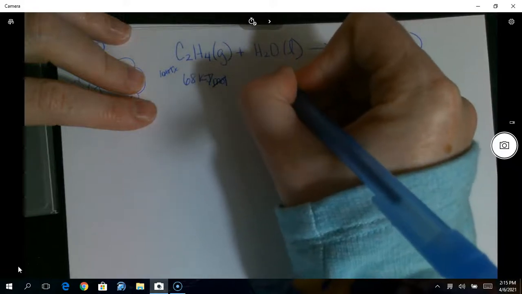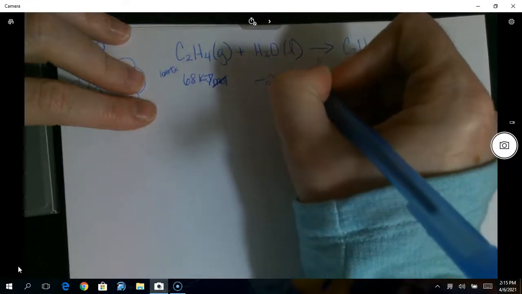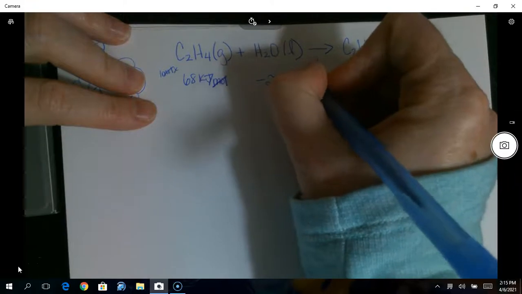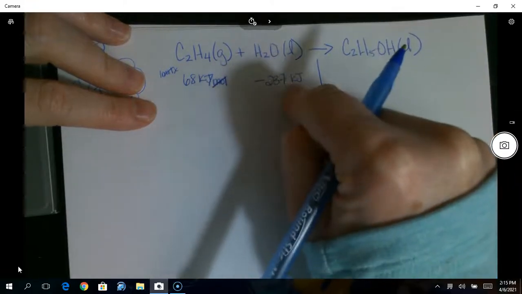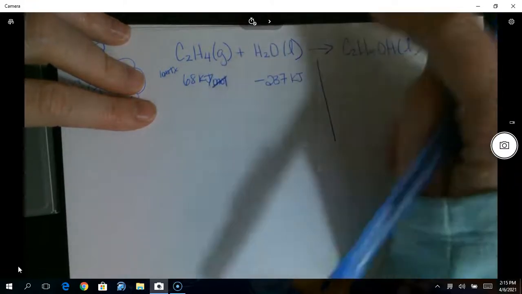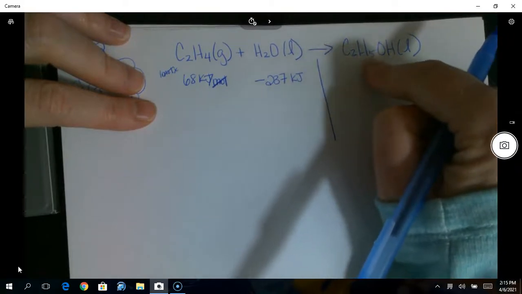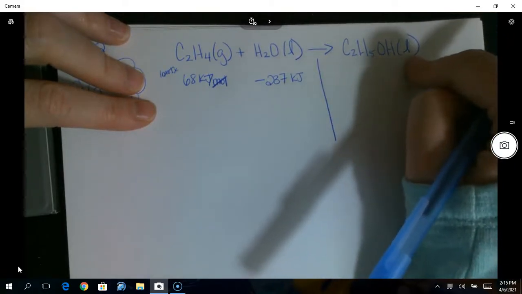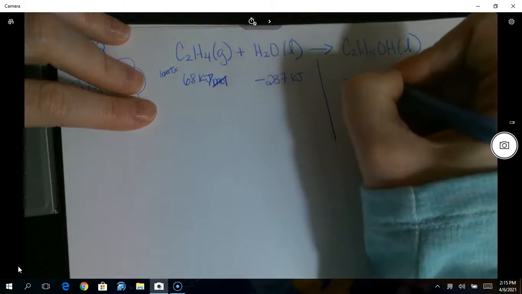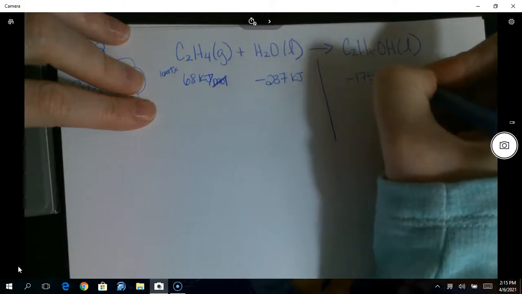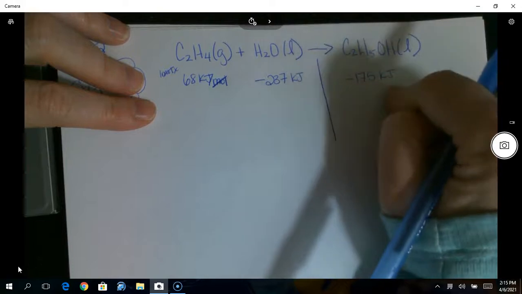Water as the liquid form is negative 273 kilojoules per mole, but I only have 1 mole, so I only have this negative 273 kilojoules. C2H5OH as a liquid is negative 175 kilojoules per mole. I only have 1 mole, so negative 175 kilojoules.